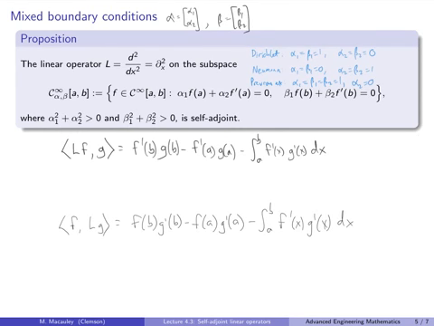Again, we did this on the previous slide. So as before, these integrals are the same in both, so all we really have to do is show that these first two terms equal these two terms.